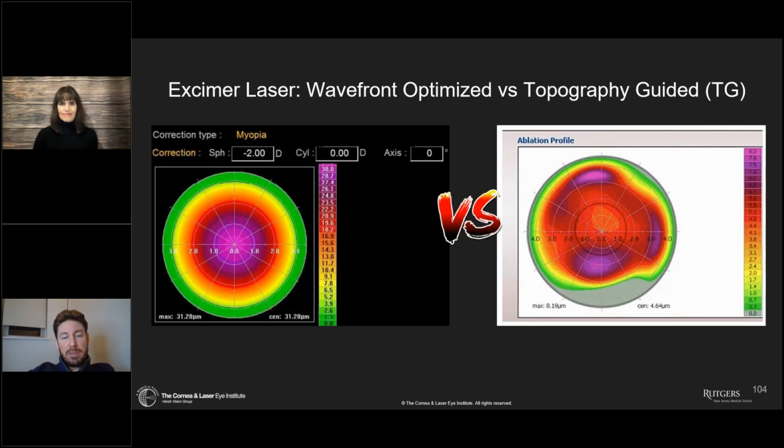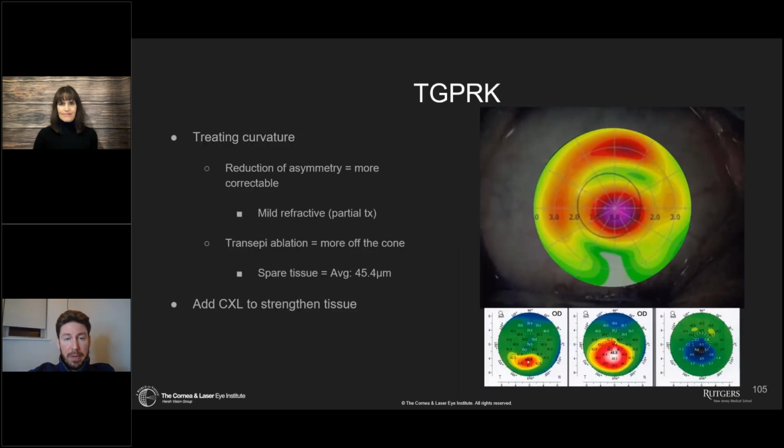These are profiles both for a -2 on a regular cornea, and you can see we have these little micro elevations even in a normal cornea. If we can smooth those out, we can give them even better vision like what we saw in topography guided LASIK, but we can do this in topography guided PRK for keratoconus too. So let's move to the next one.